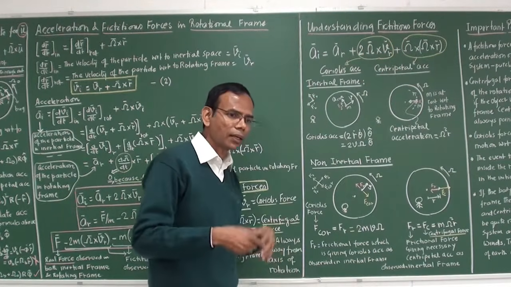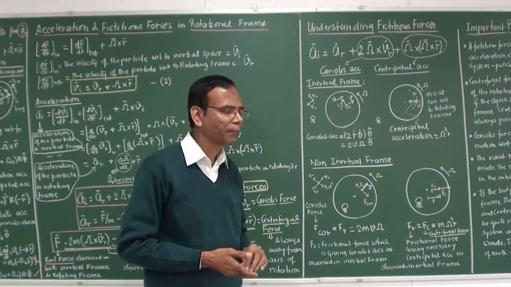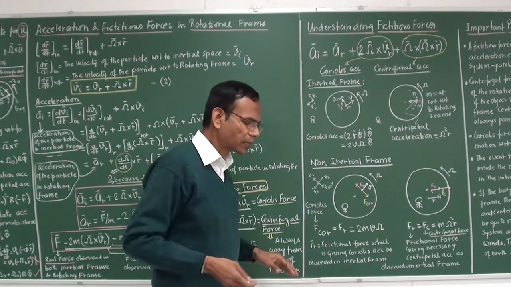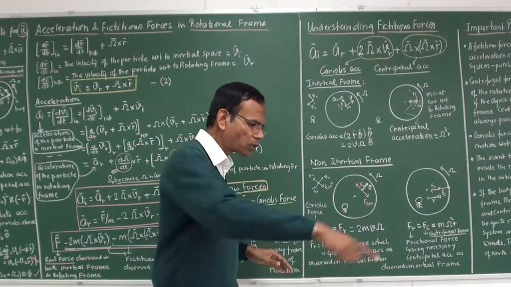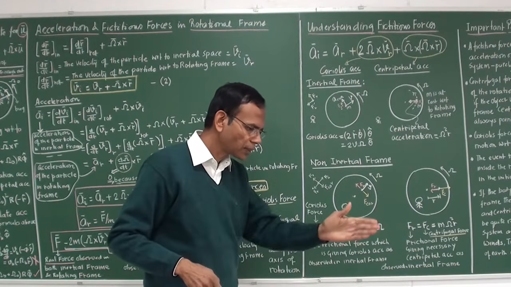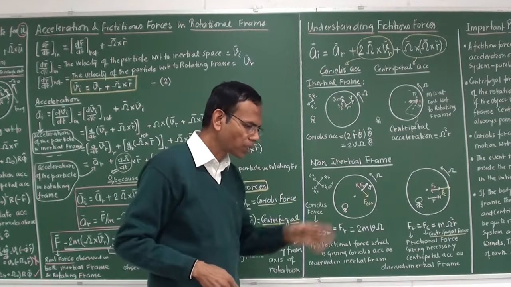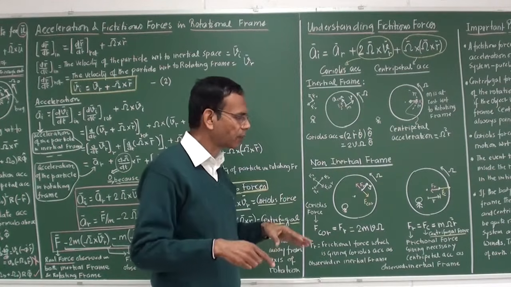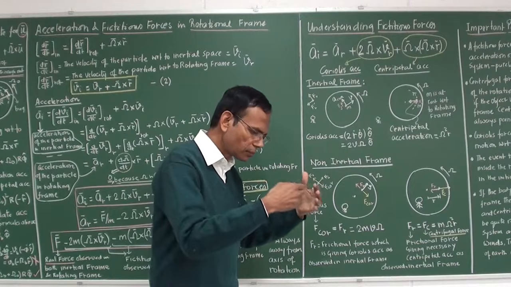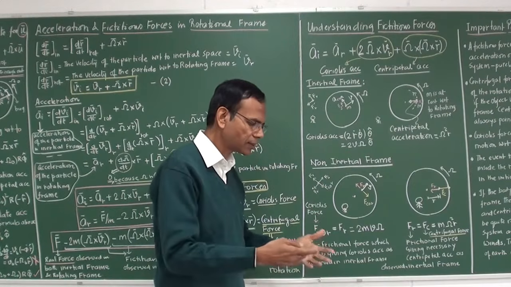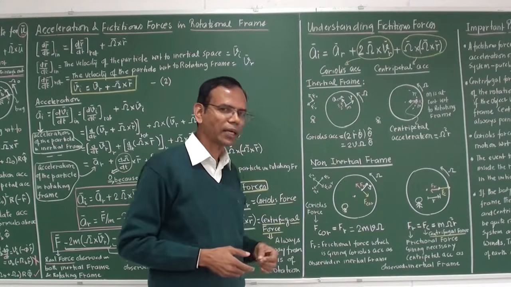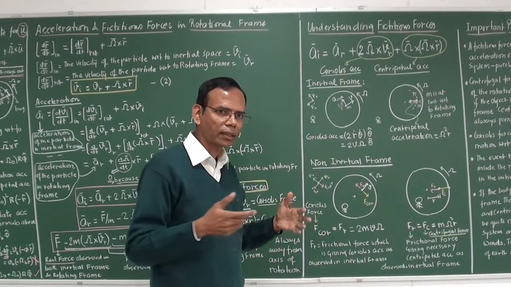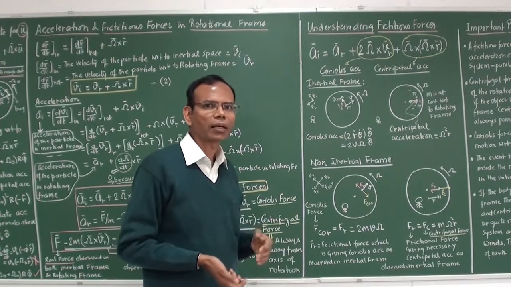These are the questions we have to ask, and we have to understand that it is purely coming out because of rotation and the relative movement of the body, and because we are trying to cancel these effects, forces like Coriolis and the centrifugal are coming.